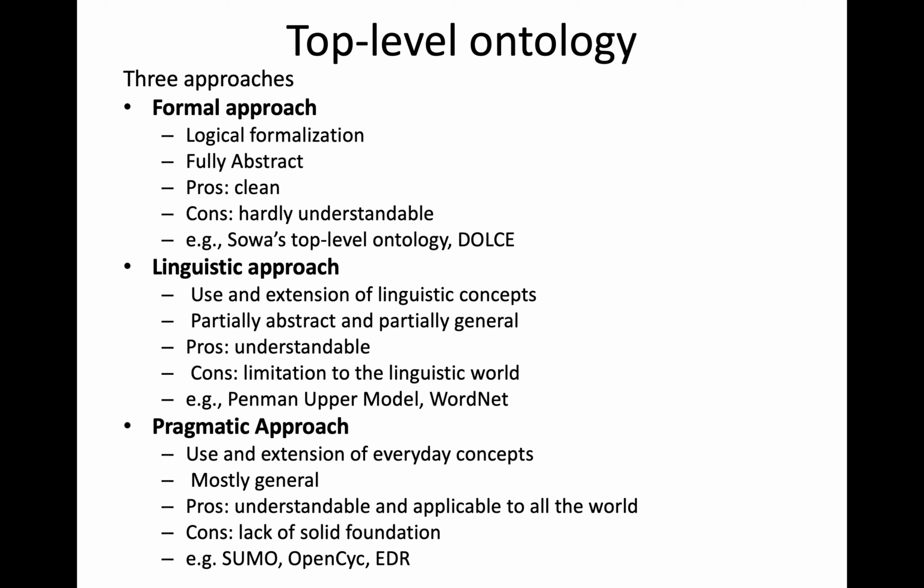The advantage is that it's clean and can be easily interpreted by the computer, right? But the disadvantage is that it's hardly understandable by people. Examples would be the SUO top-level ontology and DOLCE.